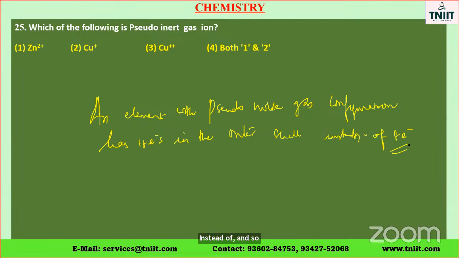It is called pseudo inert gas. Therefore, the answer is Cu plus. Cu plus will have 18 electrons in the outermost shell. Therefore, it is called a pseudo inert gas ion.